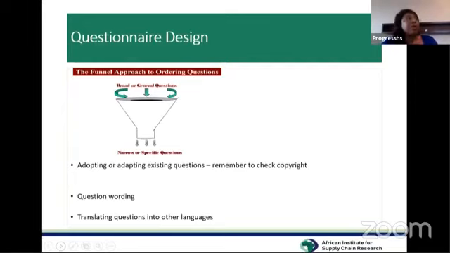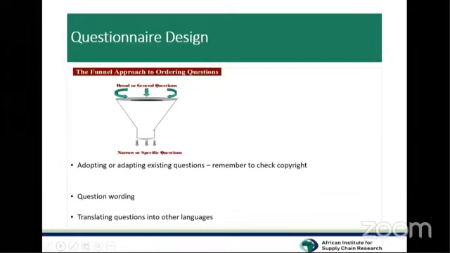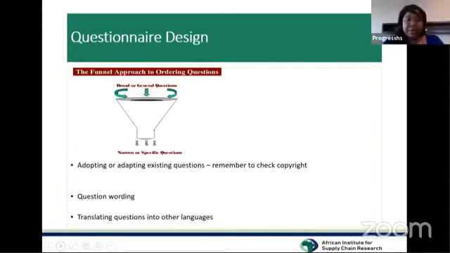And also, when designing your questionnaire, you need to check your targeted population: are there some persons who would actually be excluded? Should I only stick to the main language? And if you find even one person, there is need for you to translate those items and even the questions into other languages.